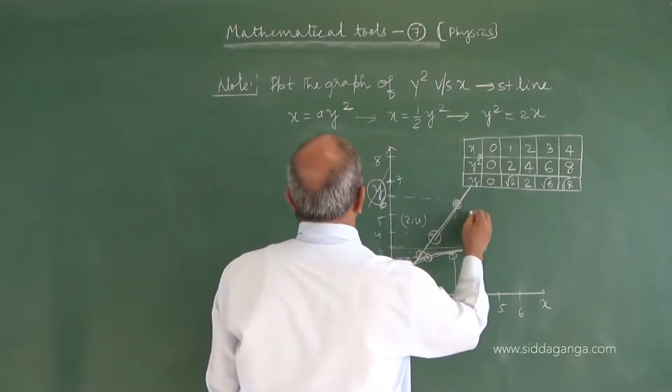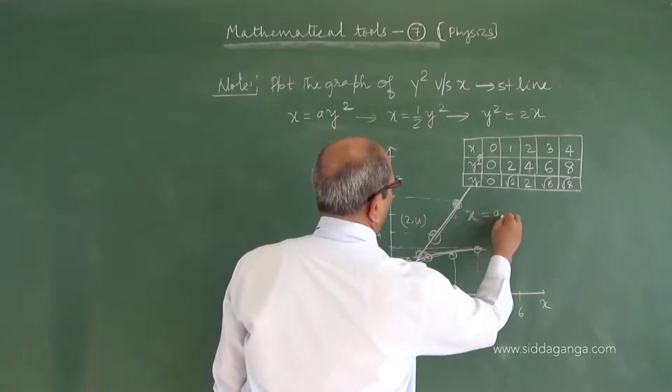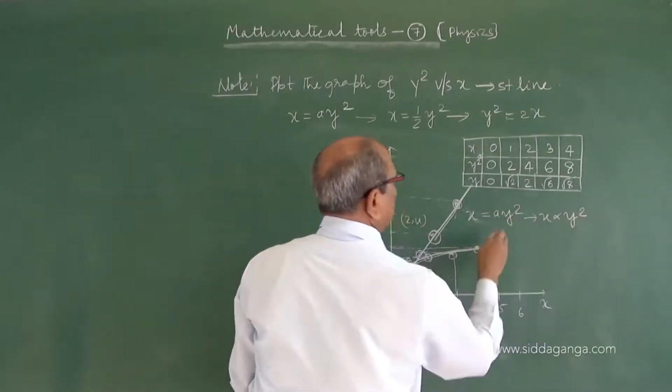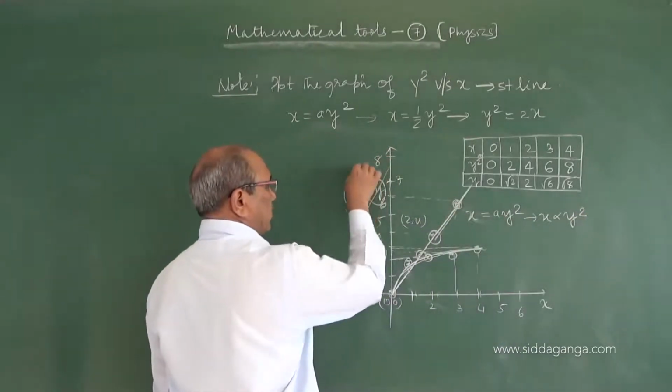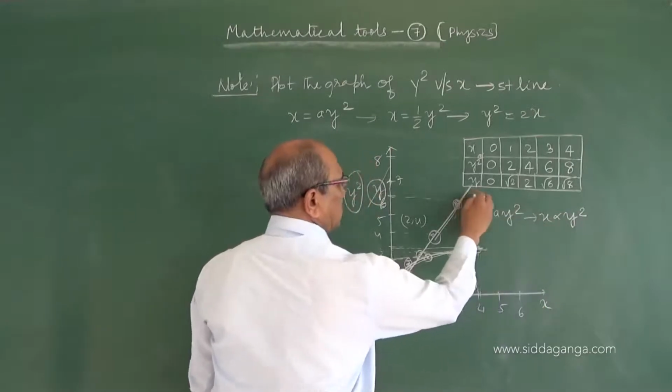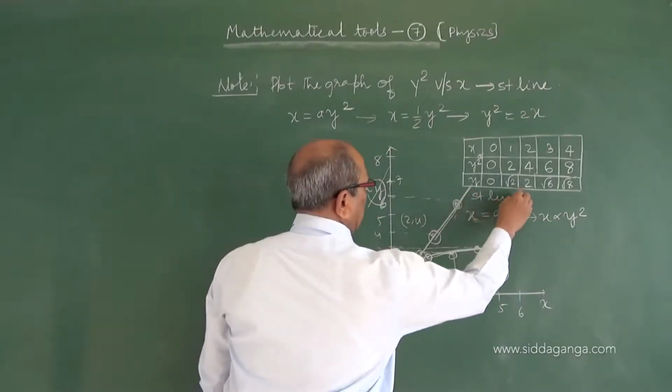x is equal to ay square, where x is proportional to y square. If we plot y square versus x, it becomes a straight line.